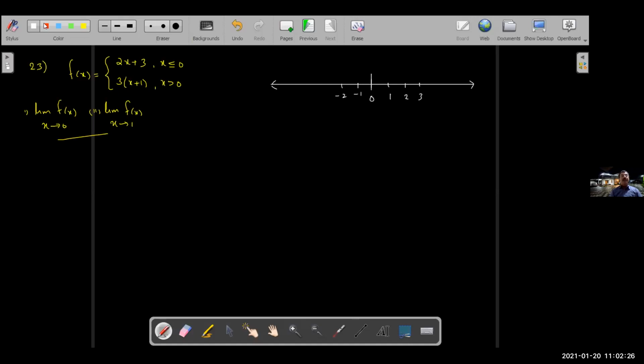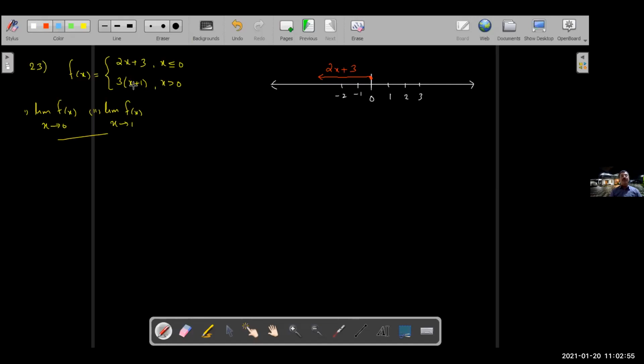See the definition of function: if x is less than or equal to 0, that means towards left of 0, it is 2x plus 3.